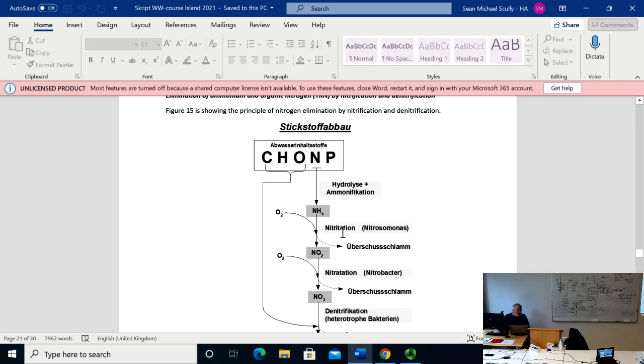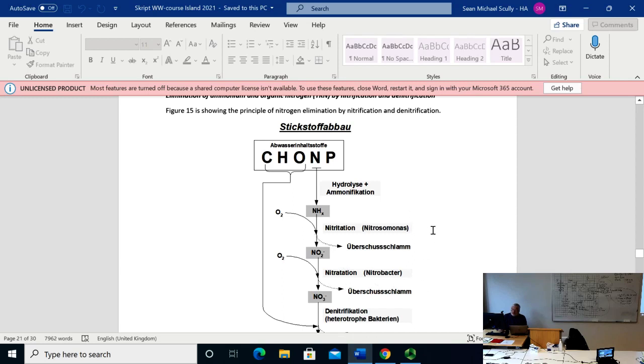But due to the high solubility of ammonia in water, it stays completely absorbed. You would need a pH of more than 10 in order to desorb the ammonia. Okay, then you give oxygen, and you have Nitrosomonas for the nitritation, which is the first step of the nitrification, and then you have Nitrobacter for the nitratation.